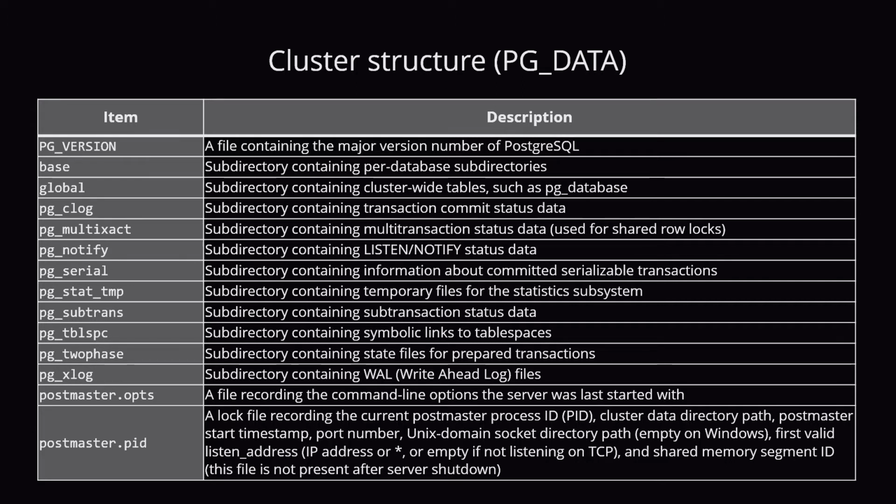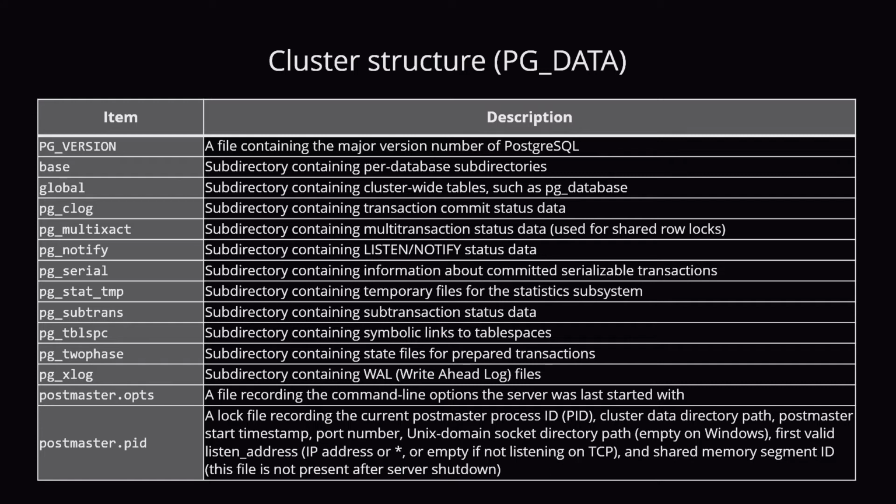Also, you can see, for example, the folder pg_xlog, which contains a recovery log for a database, but in forthcoming releases it will be renamed to pg_wal for write-ahead log, because people usually see that there is a log folder, so they say let's delete all the logs, everything's fine, and the server crashes after it. So this folder will be renamed.